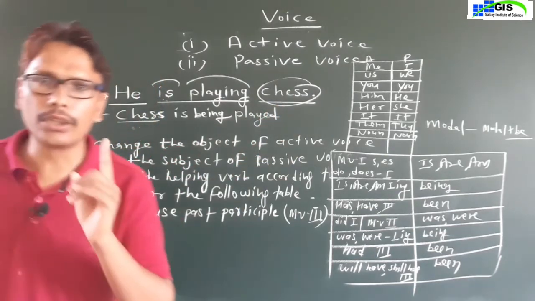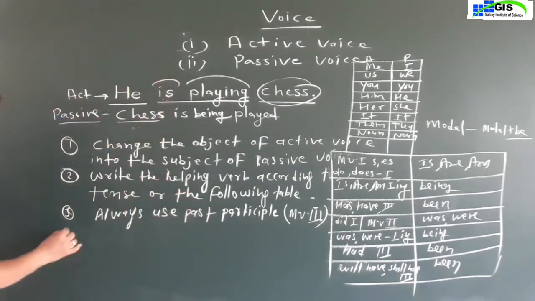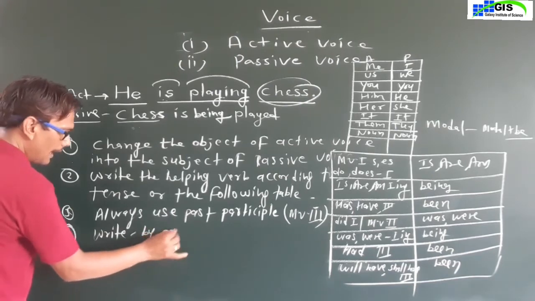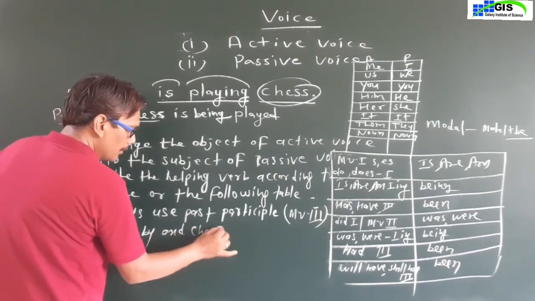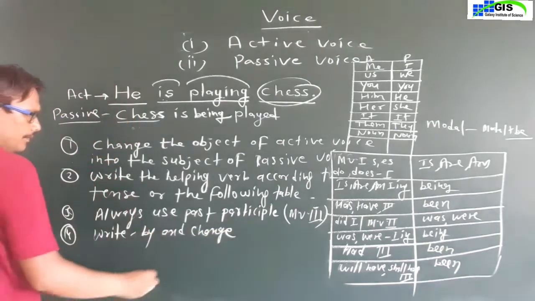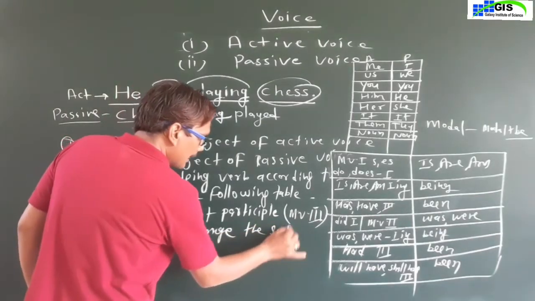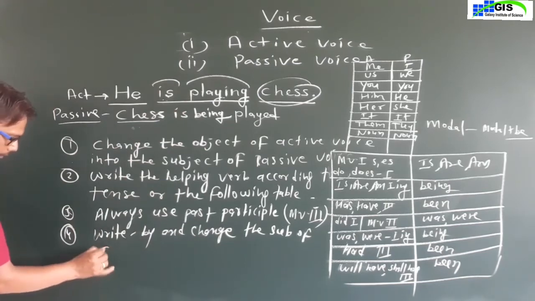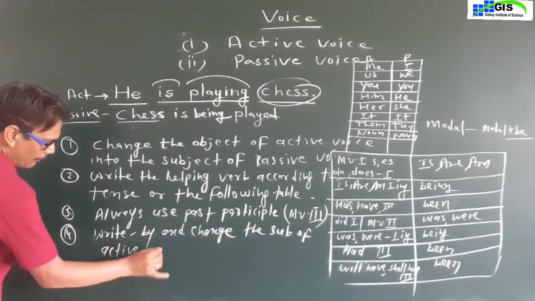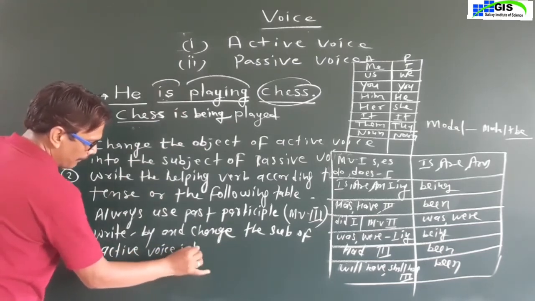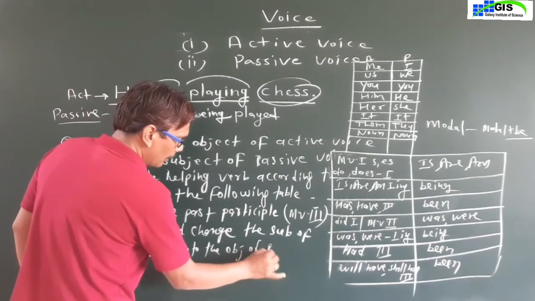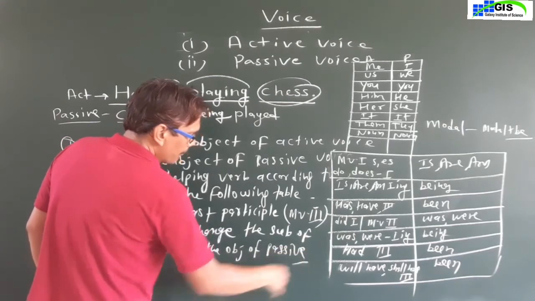And the fourth rule is write by and change the subject of active voice into the object of passive.